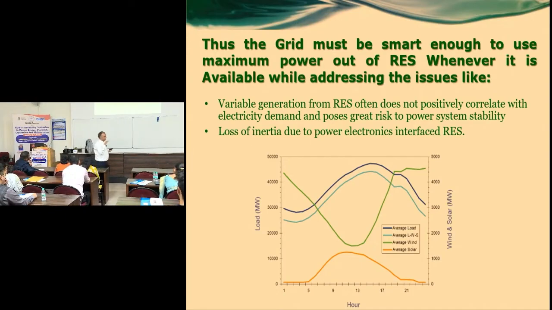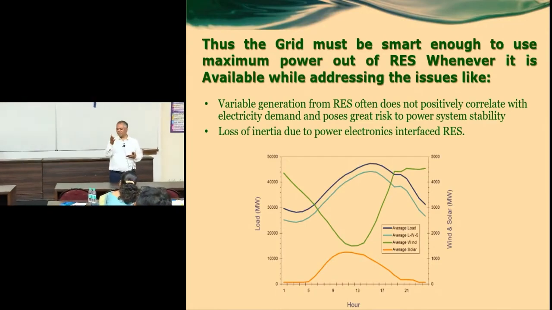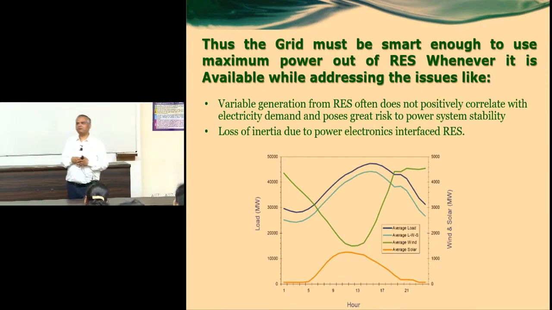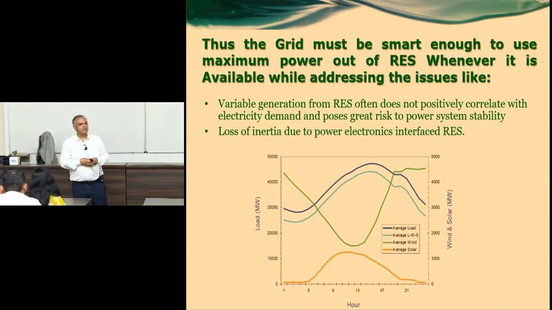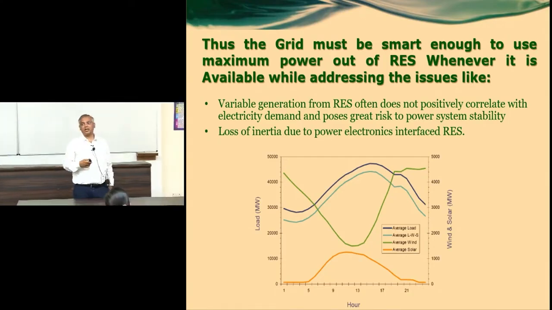Because 300 sunny days are expected, and roughly 1400 to 1500 units are going to be generated on a per kilowatt basis. So accordingly you can decide. For a 1 gigawatt size plant, accordingly you can calculate the amount of battery backup required.